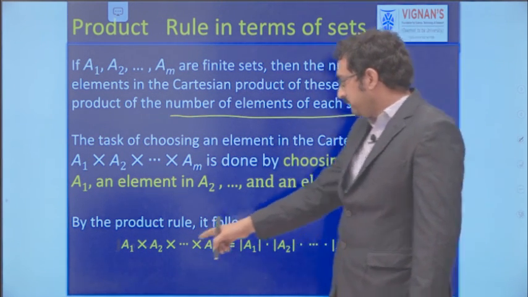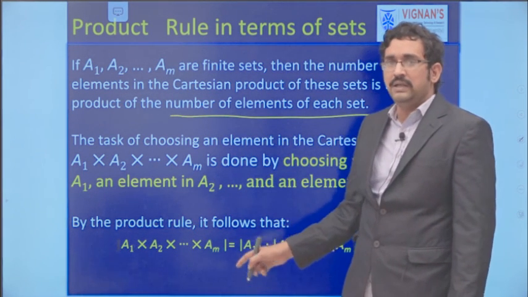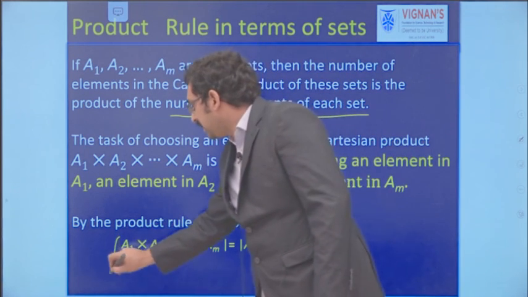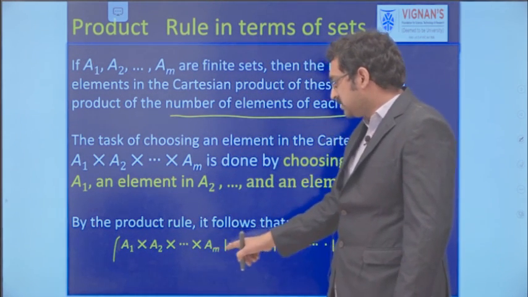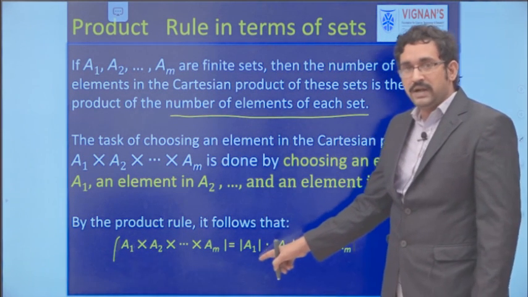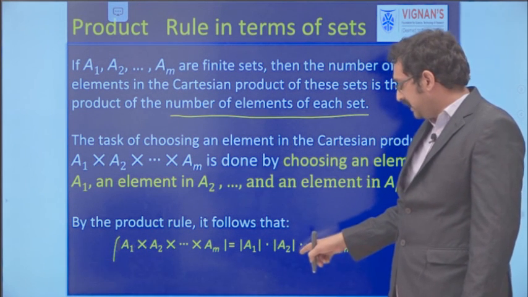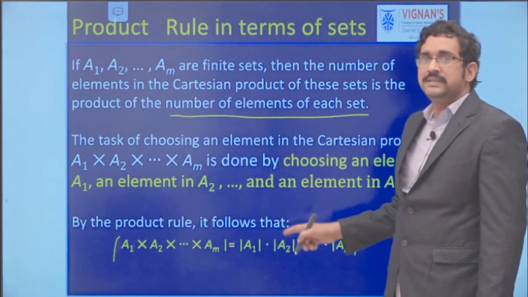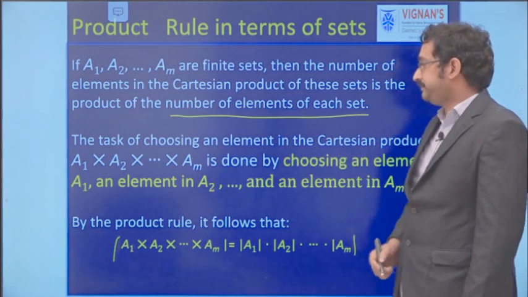So the Cartesian product A1 cross A2 cross and so on Am equals the product of modulus of A1, modulus of A2, and so on modulus of Am. So this is nothing but the product rule in terms of sets.